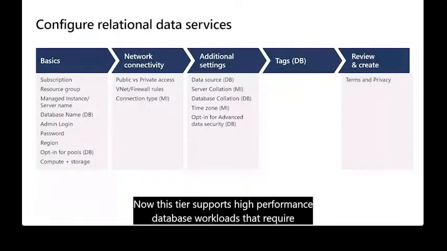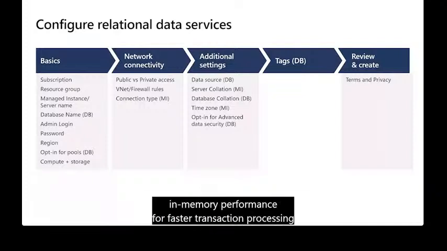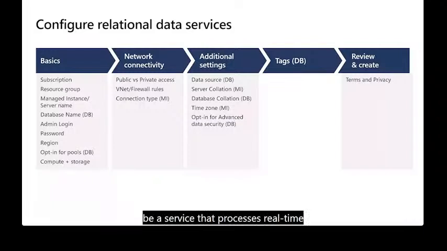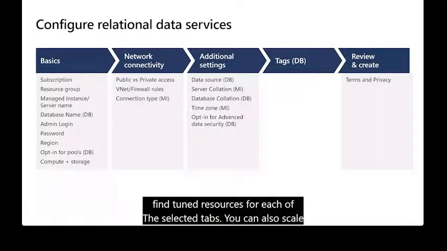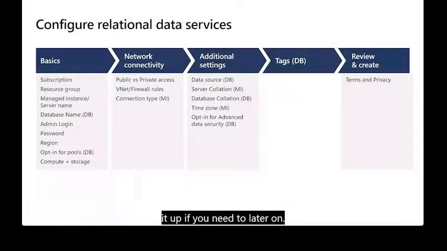Now this tier supports high performance database workloads that require in-memory performance for faster transaction processing and higher concurrency. So some examples might be servers that process real-time data and high-performance transactions or analytical apps. So you can fine-tune the resources for each of the selected tiers. You can also scale it up if you need to later on.